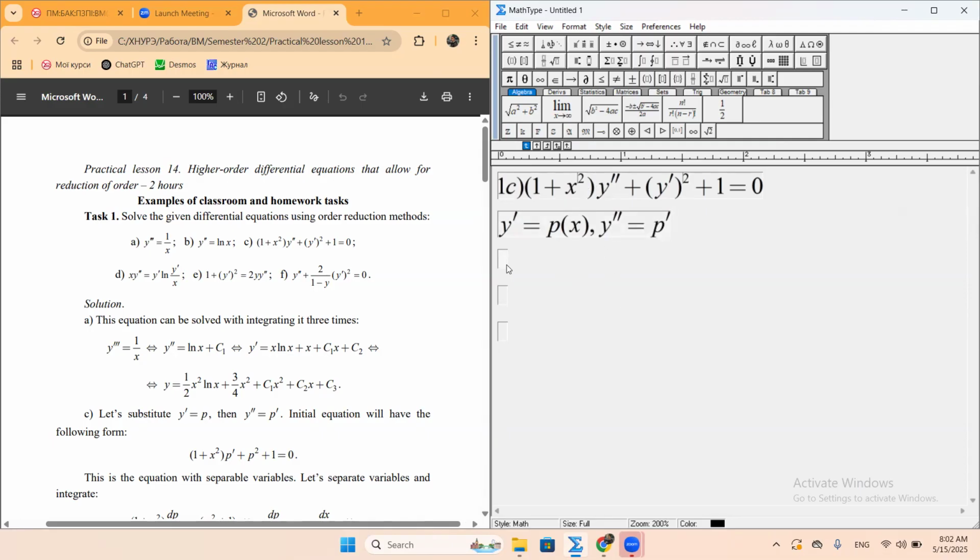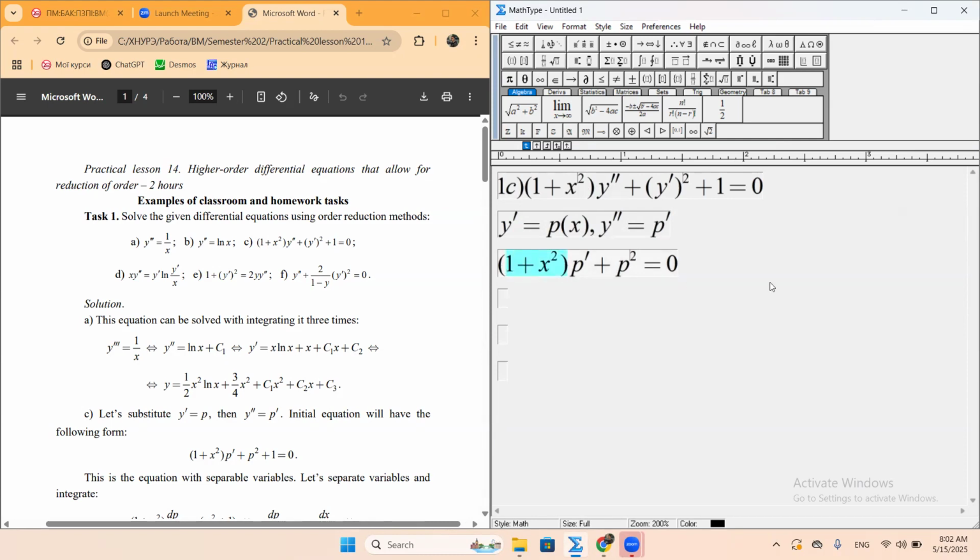So we will substitute everything into the equation. 1 plus x squared, times p prime, plus p squared equals 0. Actually what we received is an equation with separable variables.